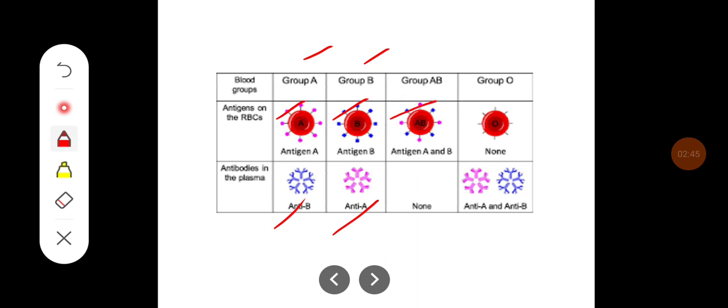In blood group AB they possess both antigen A and B and do not have any antibodies, whereas in blood group O, on the RBC membranes there are no antigens, but they possess both the antibodies, that is anti-A and anti-B.